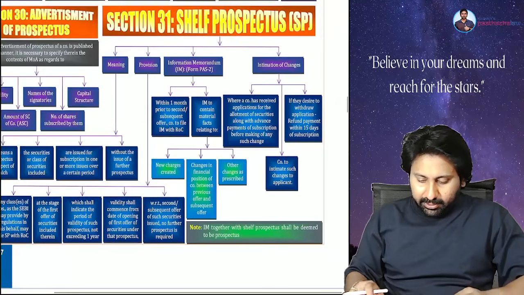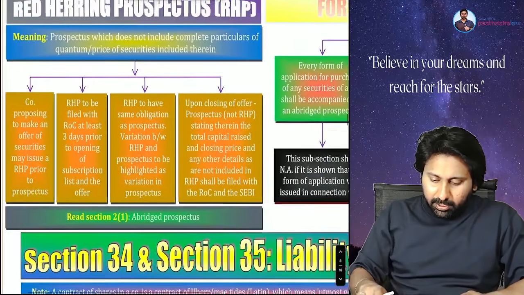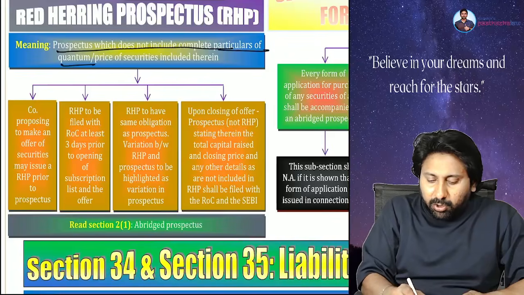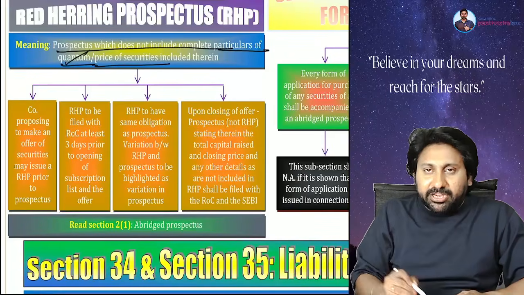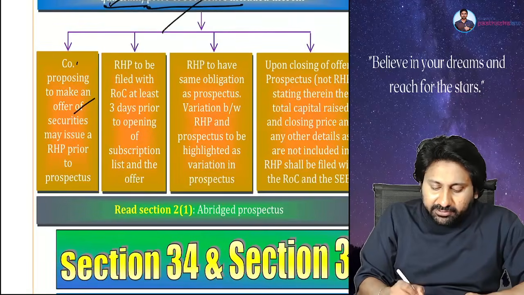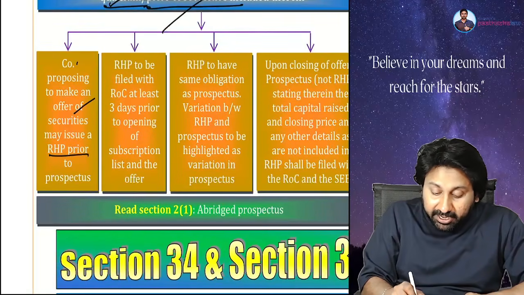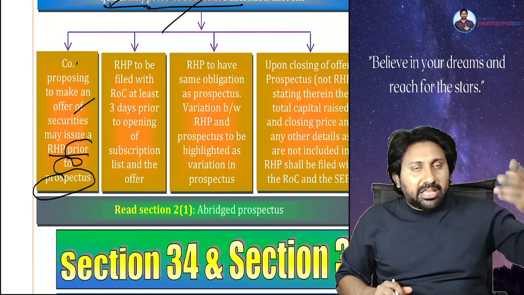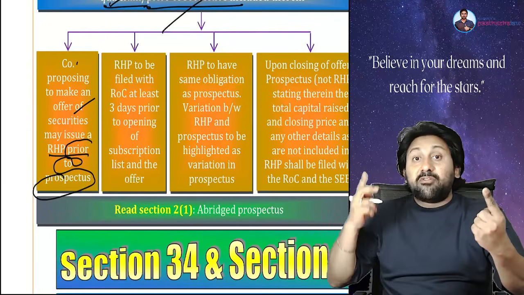Okay. See. Prospectus which does not contain complete particulars of quantum and number of shares, price of securities. Done. Next. A company proposing to make an offer of securities may issue RHP prior to the issue of prospectus. Means there are two prospectuses now: red herring and final.